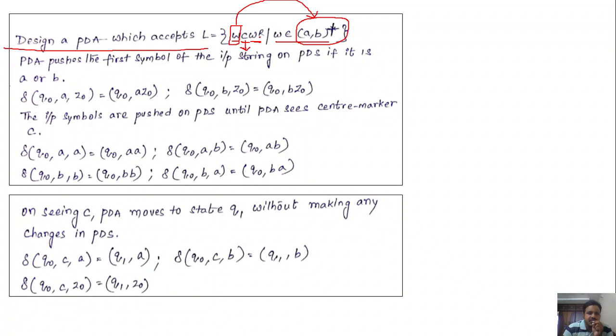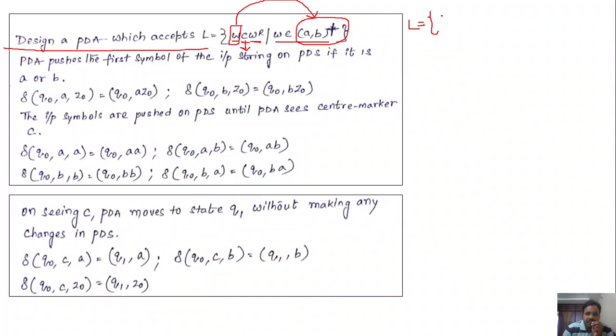First, for such a language we have to construct the pushdown automata. Let me write down the set of strings so that you will understand. The word is a combination of symbols from the positive closure of {a,b}.